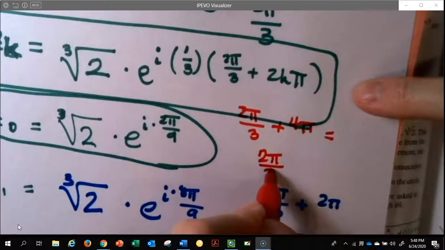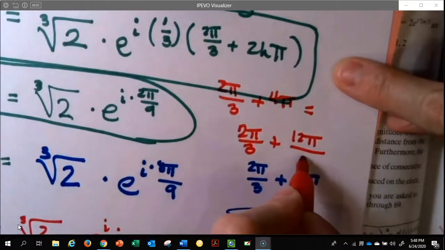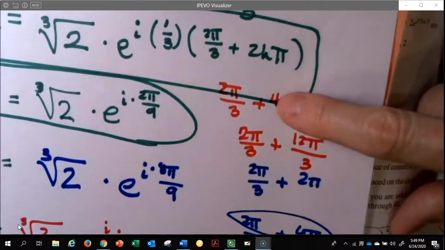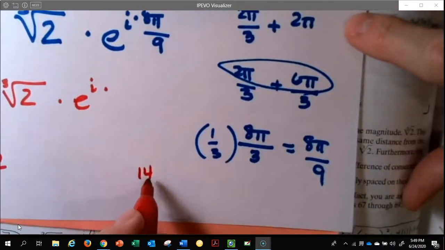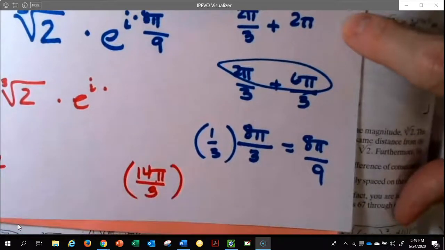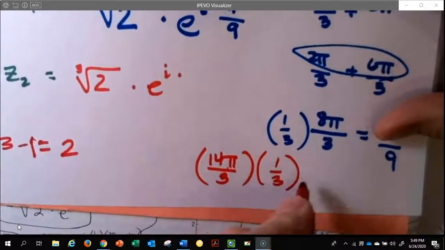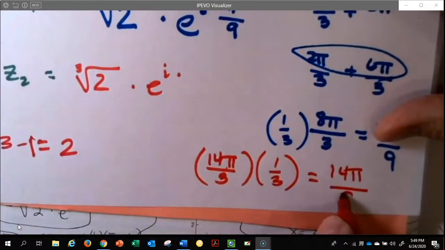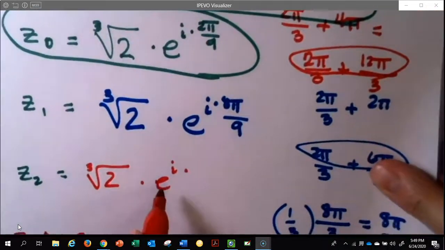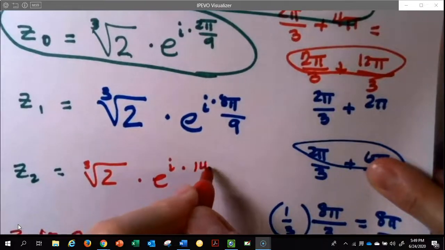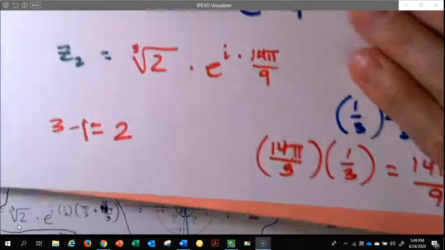So I've got 2 pi over 3, and 4 pi should be 12 pi over 3, because 12 divided by 3 is still 4, and I've got 14 pi over 3. But all of this is times a third. So I've got 14 pi over 9, or right here, cube root of 2 times e to the I times 14 pi over 9. And we'll go one last time to our graph.